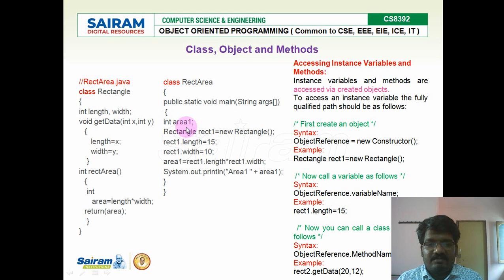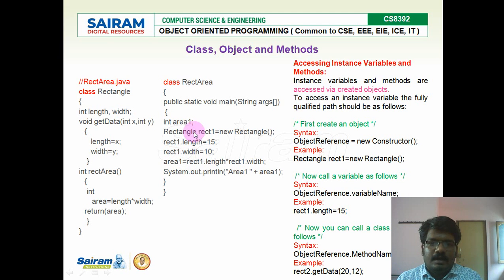I access the member variable for the rect1 object by using the dot operator, and I'm calling the member methods with the object, that is rect1 dot member variable or instance variable. With that I'm calculating area1 and displaying it.